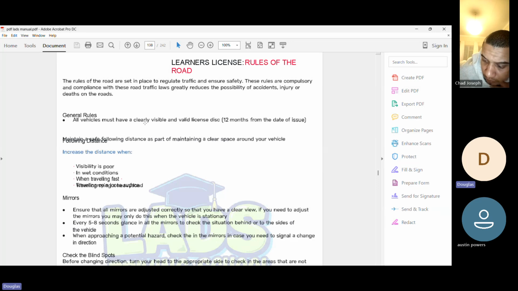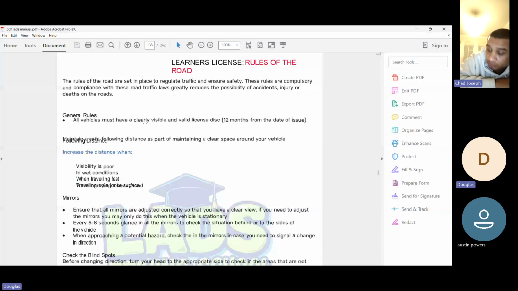The disc should be located on the left side of the vehicle, on the windscreen. If it's put on the right, it's a violation. It should be on the left. And it's valid for 12 months, even though you're still driving the same car. After 12 months, your car is no longer valid to be on the road. You need to renew your disc.